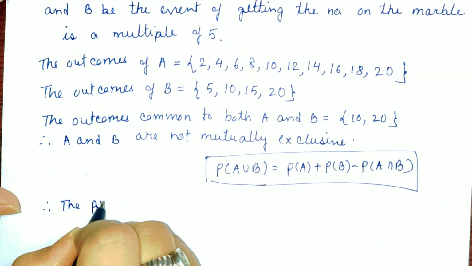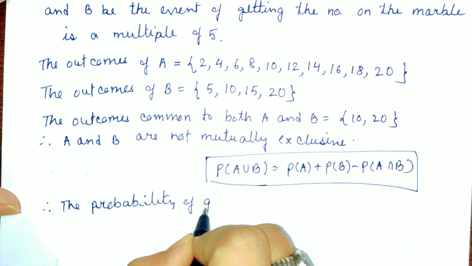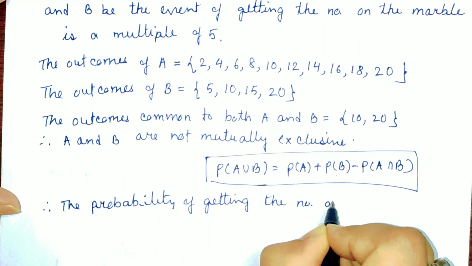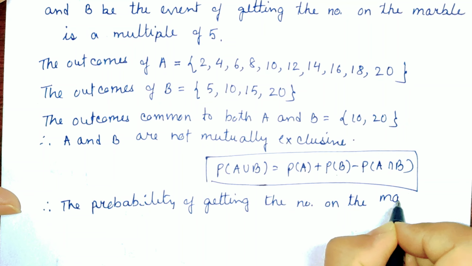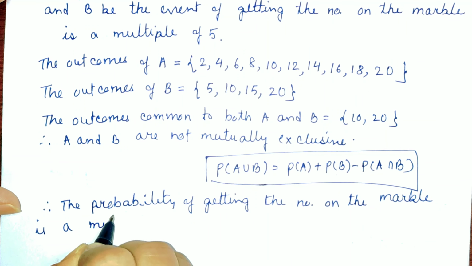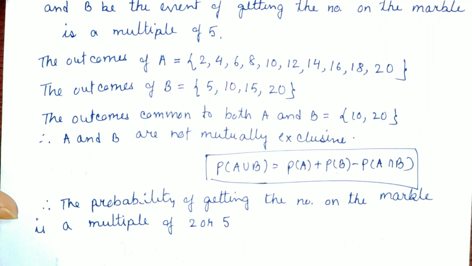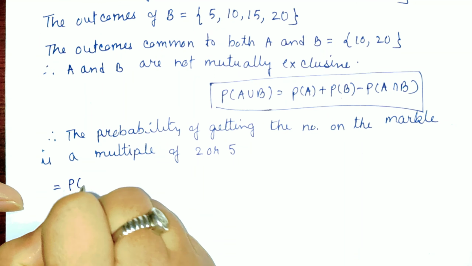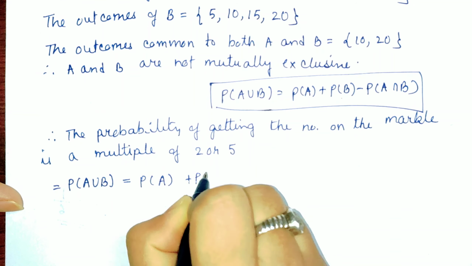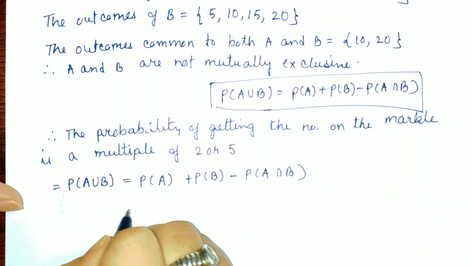Therefore, the probability of getting the number on the marble is a multiple of 2 or 5 equals P(A union B) equals P(A) plus P(B) minus P(A intersection B).